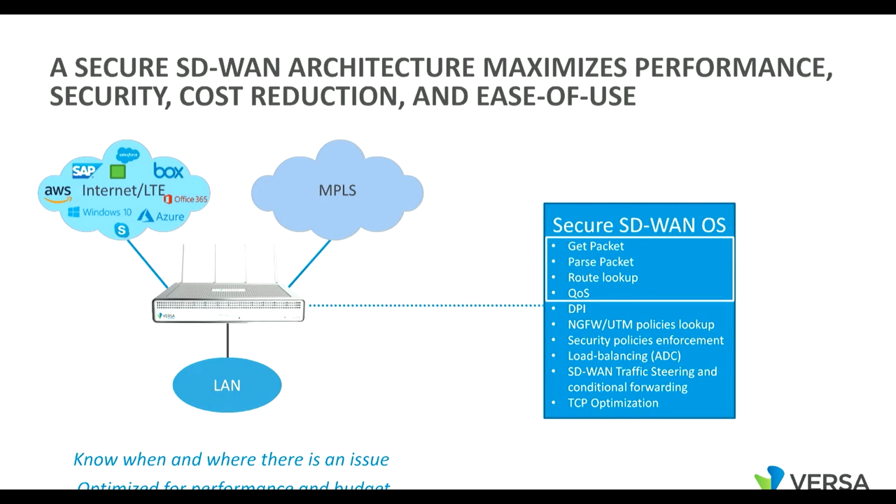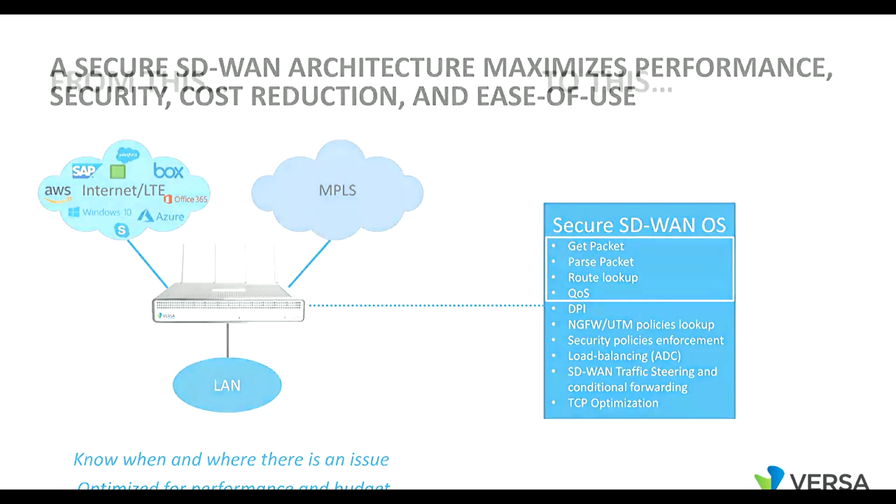So frankly, a secure SD-WAN solution would have started out with security, understanding that no network is worth having without security, and then come up with a holistic design where in a single pass you are doing all these functions once and achieving performance, Mike.